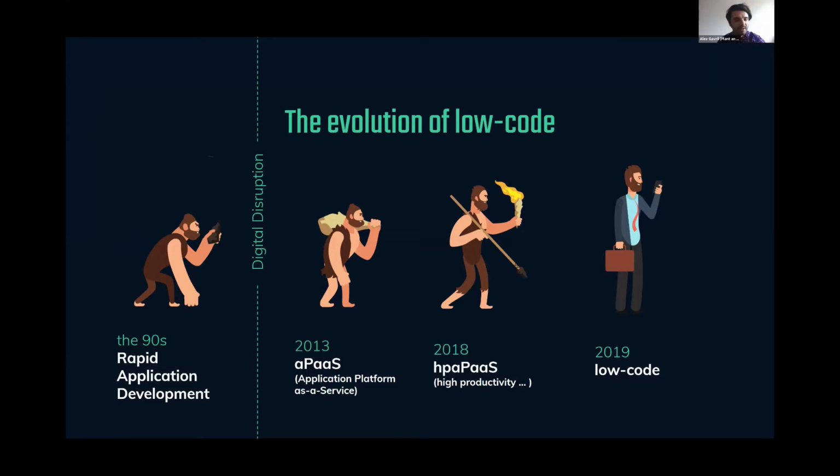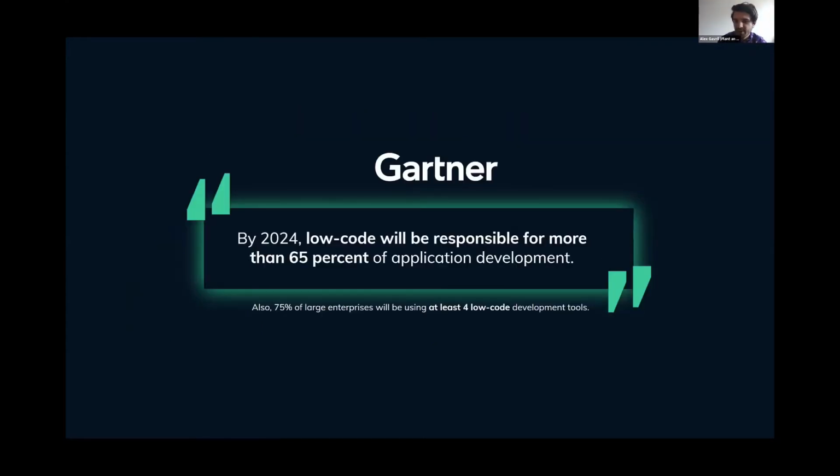It's growing, and it's growing quickly. And there's no better validation than Gartner, which predicts that in just a couple of years, almost two-thirds of enterprise application development will be done with low-code platforms.